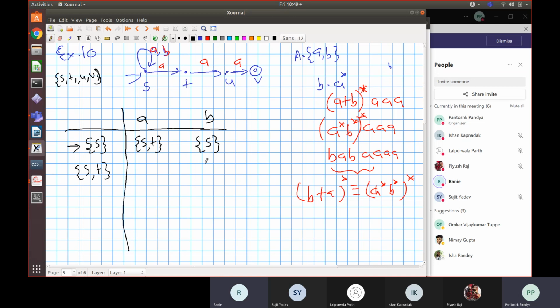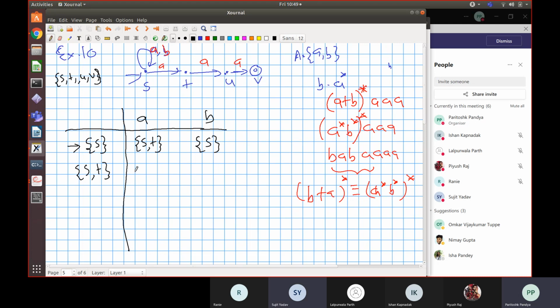Now I need to expand this. So one more step. Where does ST go on A? For checking where ST goes on A, I have to check where S goes on A, and then I have to check where T goes on A, and take the union of these two. So where does S go on A?